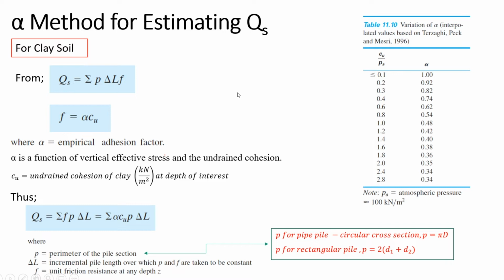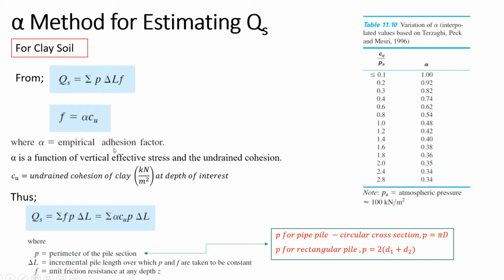So we go straight to the method that we can use to get the Qs. We have the alpha method for estimating Qs, for example, for clay soil. From the general equation, Qs is the total P times delta L times f. The f is equivalent to alpha times the undrained cohesion Cu. What is alpha?